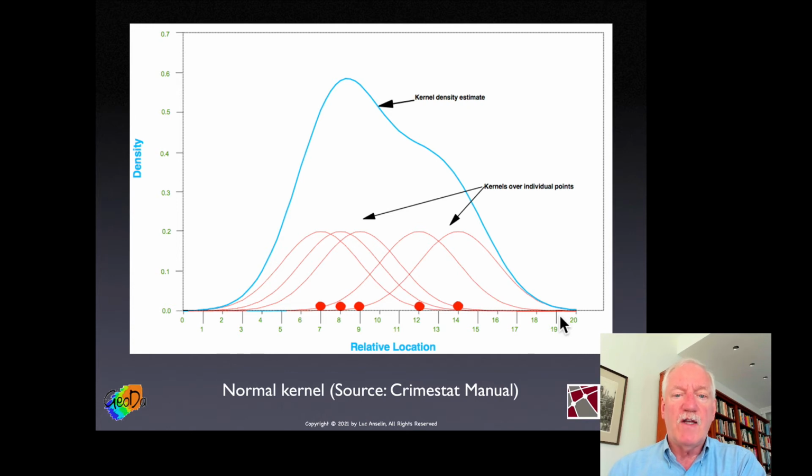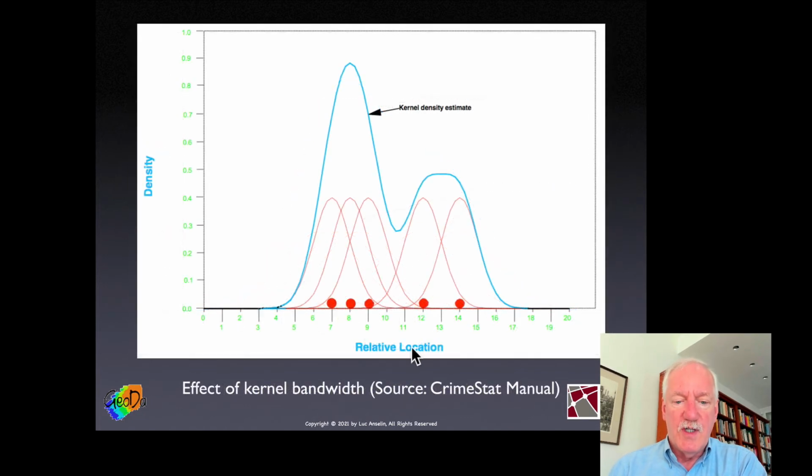And to show you the effect of the bandwidth, we'll do this again for a much narrower bandwidth. So you see the same little kernel functions, like the one above 8, is now much narrower. It doesn't take 12 into account at all, so the resulting density estimate is much sharper, much spikier, as I like to call it.